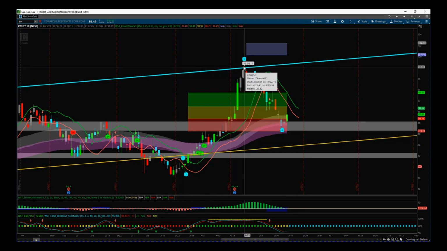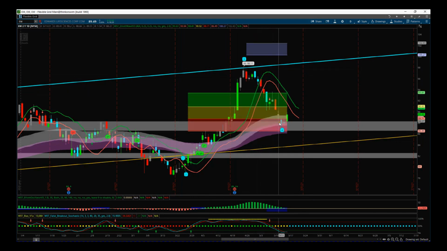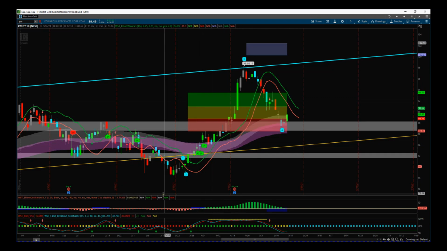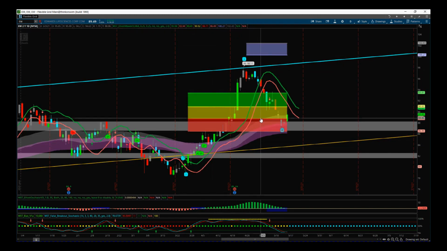We've hit the top of the channel. Now we're coming down, and we've had some profit taking. These zones here are probability zones. These are fib zones, if you like. So when we've had a big impulse move, we've got some fib zones here that are probability zones.